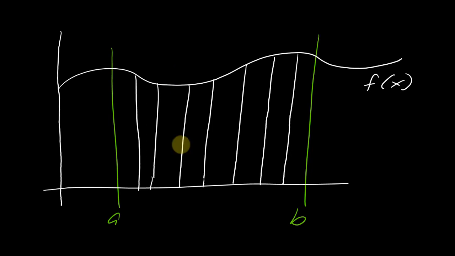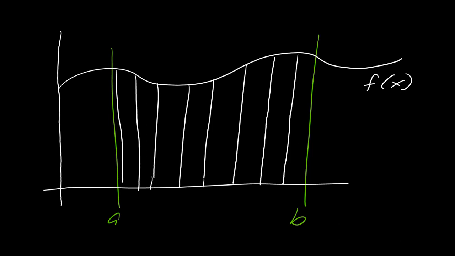Since I can't estimate the area of this shape with a nice geometric formula, the best estimate would be to get an infinite amount of rectangles. That's why you spend all that time making those formulas for n subintervals, because the idea is, if I could take n to infinity, what does that look like?